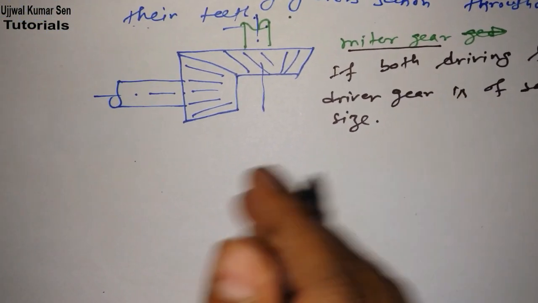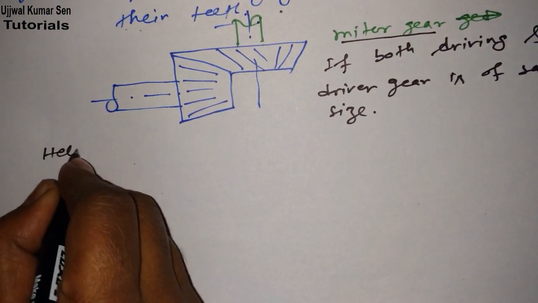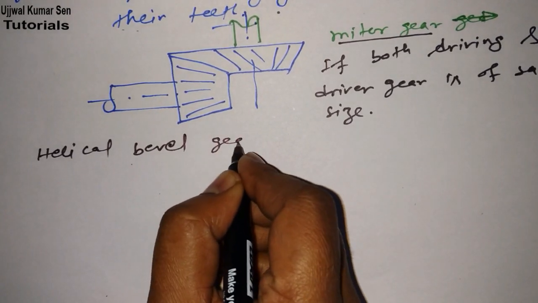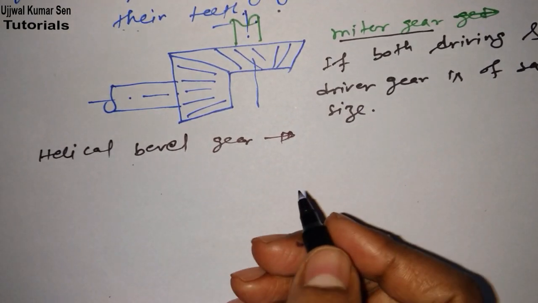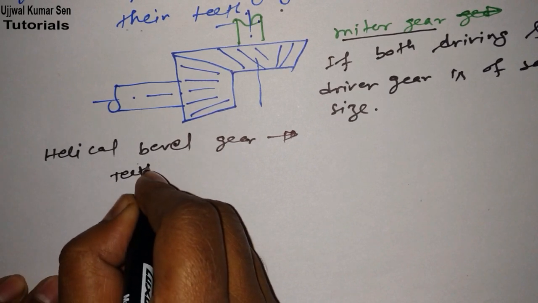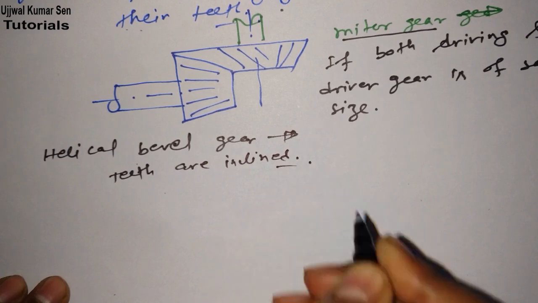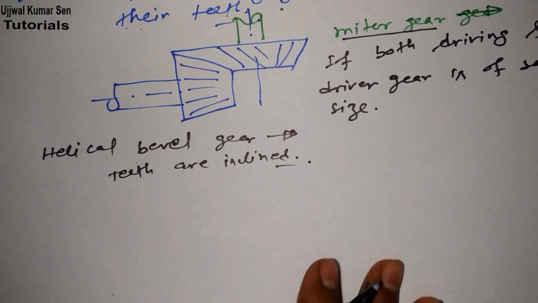Now let's go for the spiral or helical bevel gear. Okay, helical means spiral also. Helical bevel gear. So in case of helical bevel gear, what is happening basically? The teeth are inclined. Everything would be the same, just like bevel, but in case of helical bevel, teeth are inclined. That's why it is known as helical bevel gear, right?